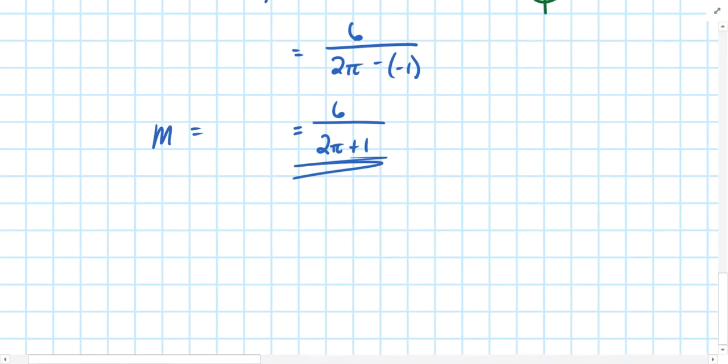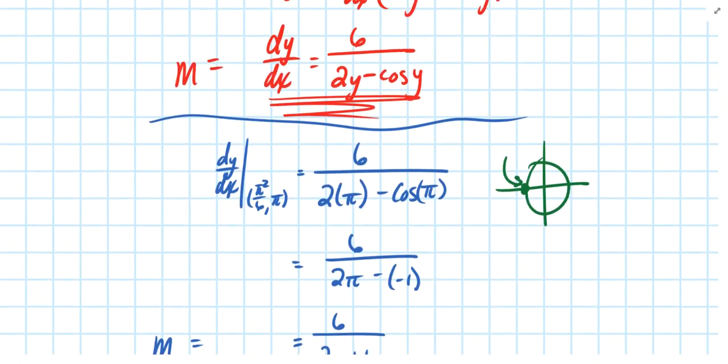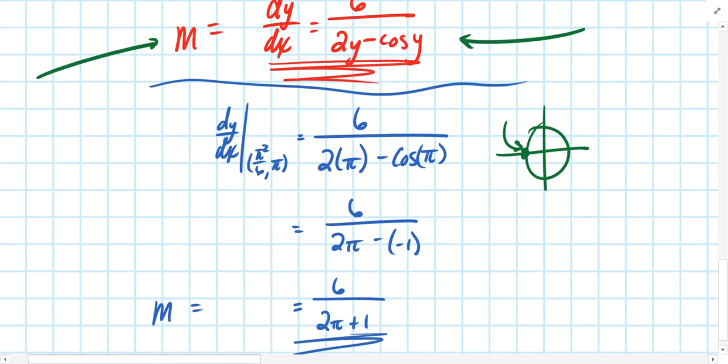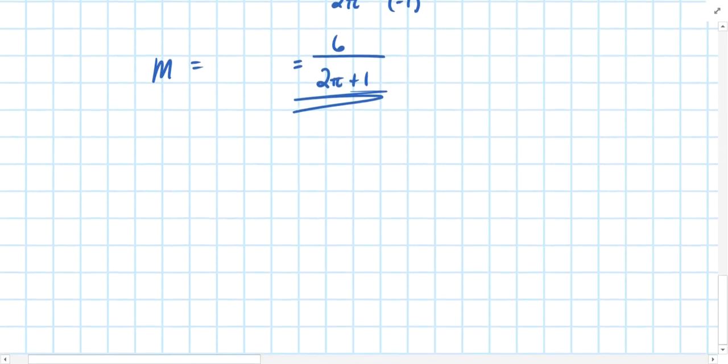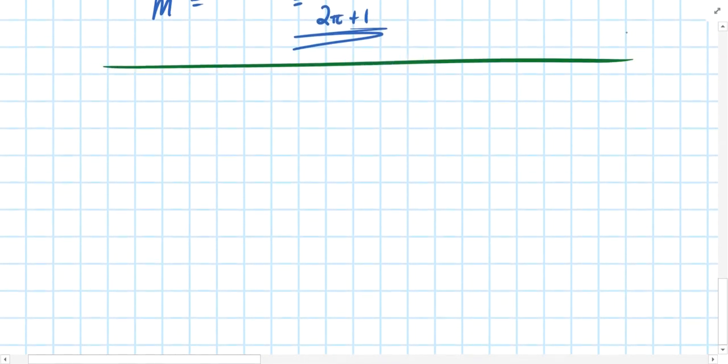And by the way, the calculus component of this problem was over all the way back here. Everything beyond this point, finding the derivative, became an algebra problem. So when we substituted into the derivative, and now that we're substituting into our point slope formula, this is all just a challenging algebra problem at this point.